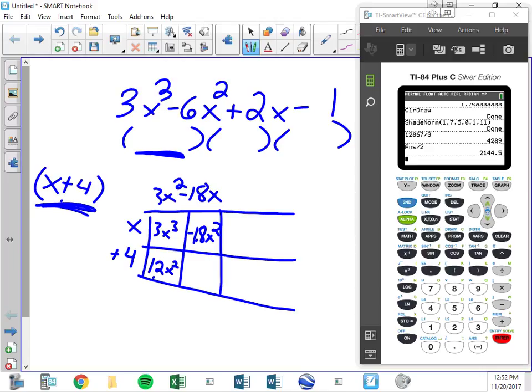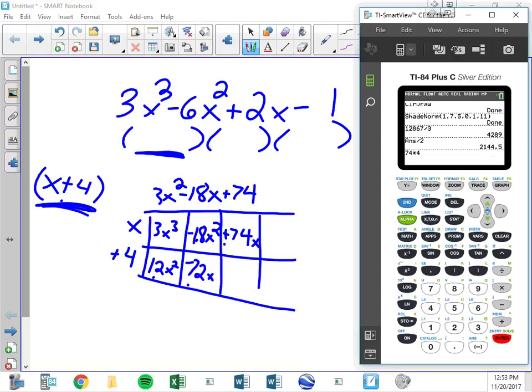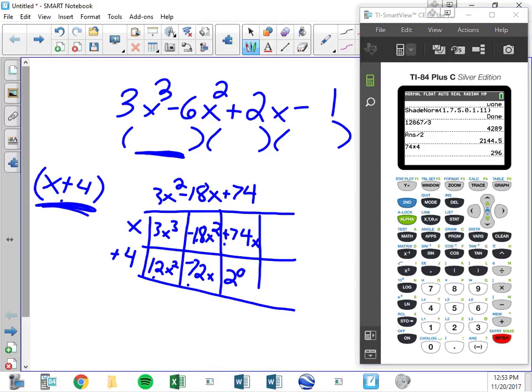4, 5, yeah, 72. So that's negative 72x. Okay? Now this one and this one need to add up to be 2. So I need to add 74. Wow. X. Now I pull out an x, and I get plus 74. 74 times 4 is 296.